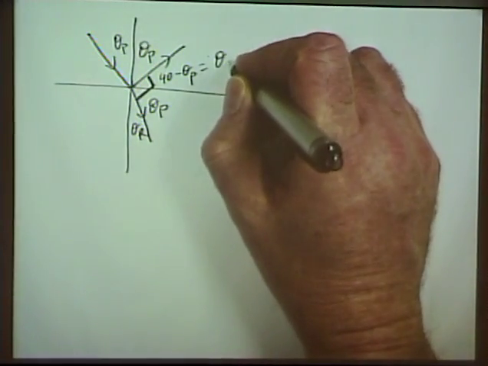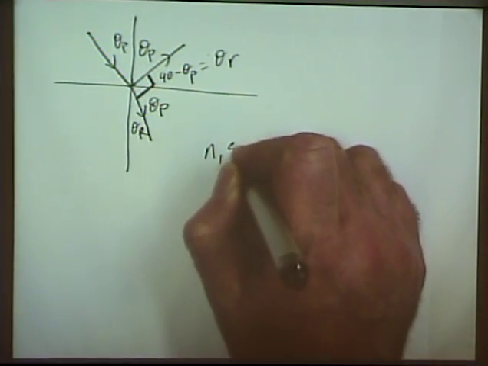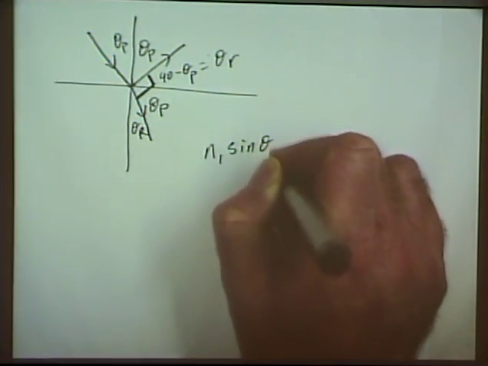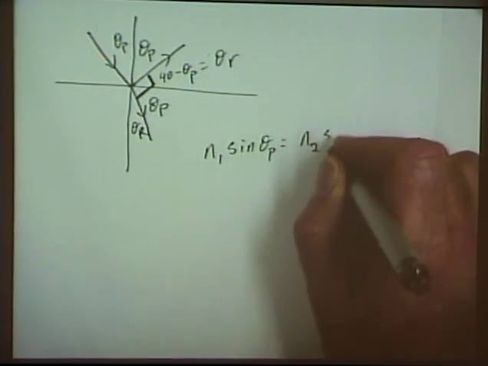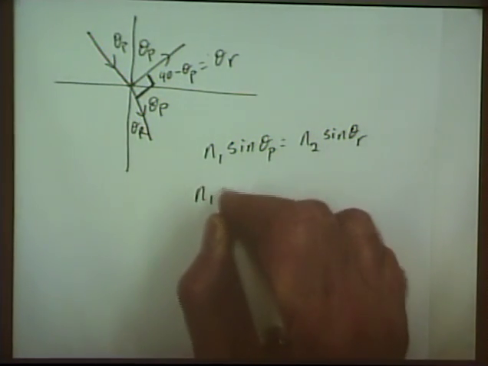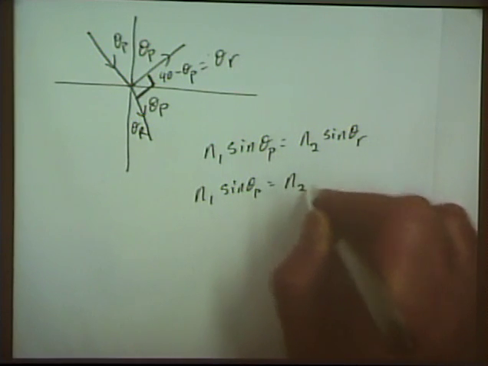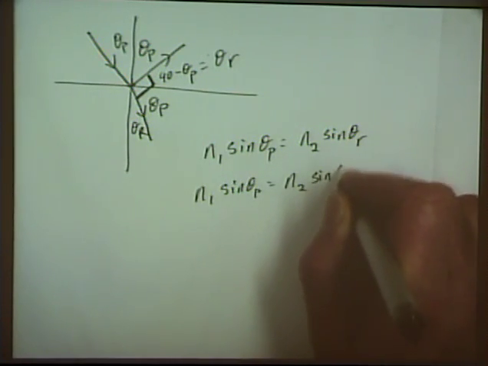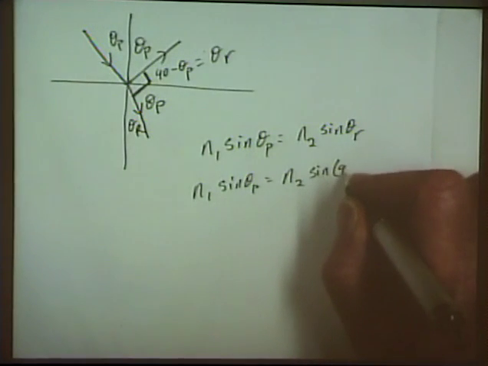Now let's apply Snell's law, where N1 sine of theta p equals N2 sine of theta r. This is one of the few derivations I've made you sit through, just because the old trig teacher here kind of likes this one.